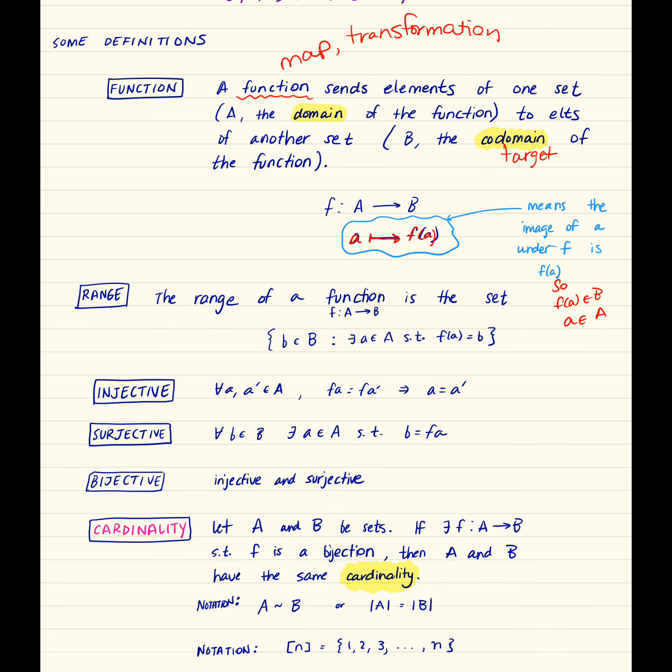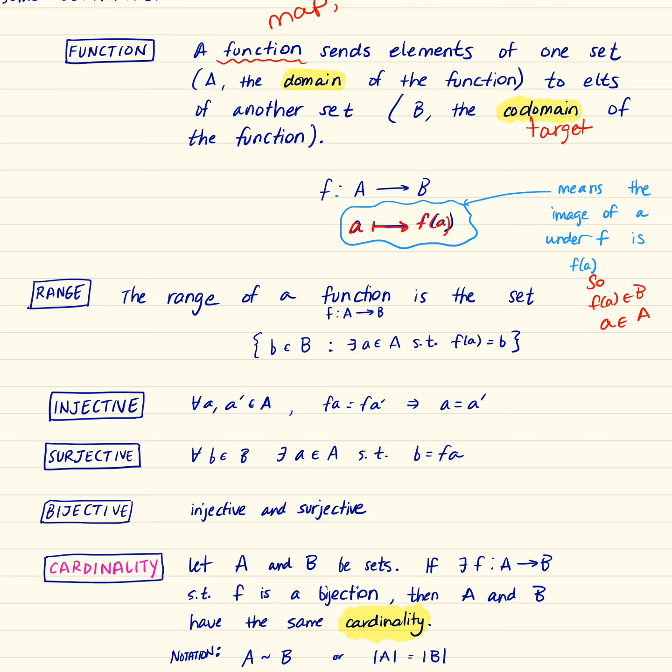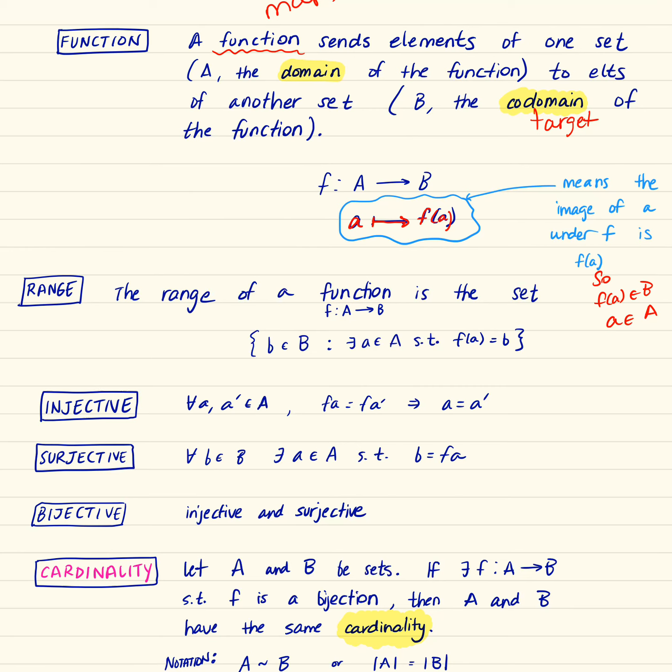What is the range of a function? The range is the set of points that are the image of points in the domain. So we have it right here: the set of b in our codomain such that there exists an a in our domain satisfying f of a is equal to b.